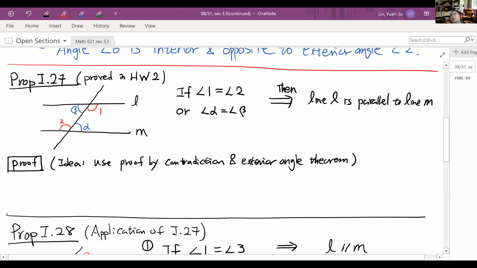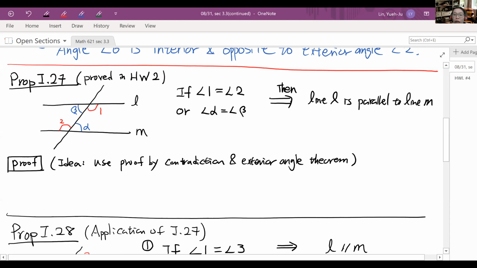This is essentially exactly what I asked everyone to prove in homework 2. If you haven't done it, I'm not going to tell you exactly what to do, but I'm just going to remind you what the statement is here. First of all, this is the very first proposition related to parallel lines.